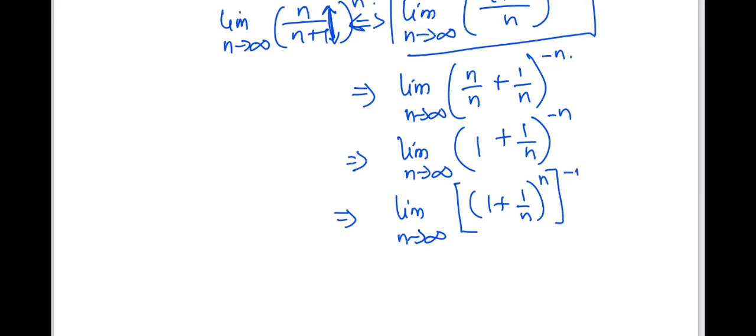In indices, if you have a to the power m, to the power n, it is the same as a to the power mn. So negative n is the same as negative 1 times n, and so I can take one of them to the power.